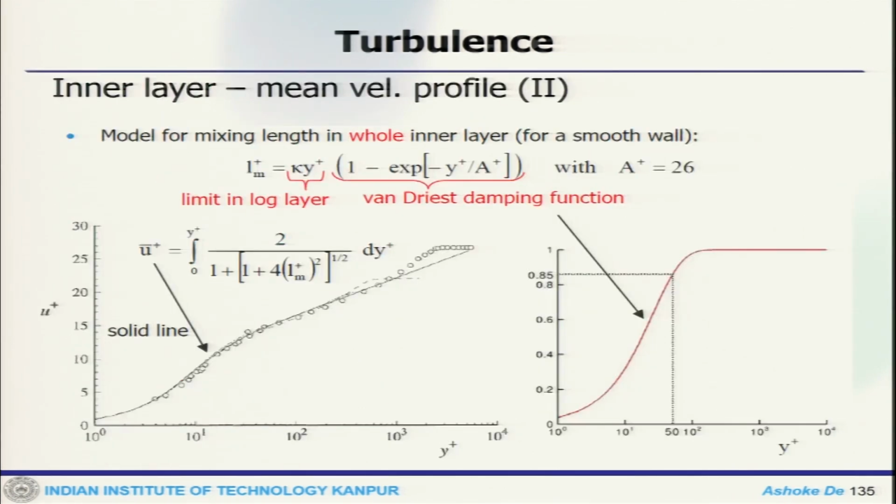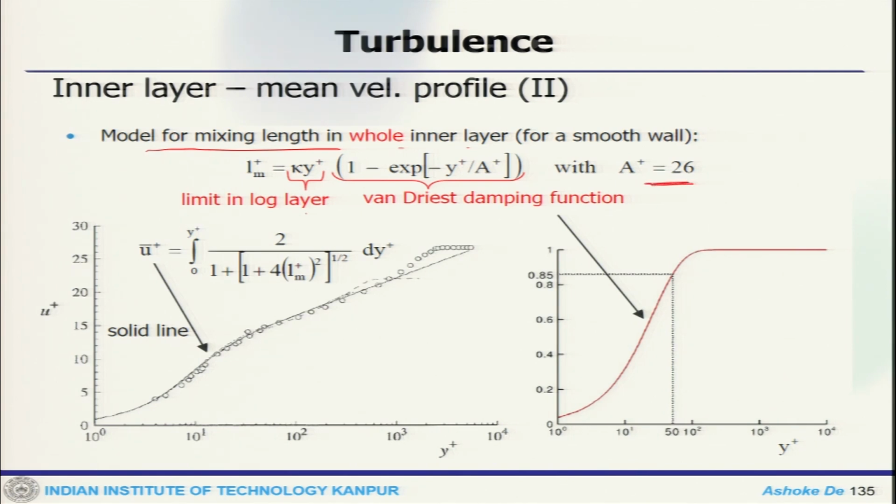So, if we look at the inner layer mean velocity profile, the model for mixing length in the whole inner layer for a smooth wall is Lm plus, which is k y plus in the log layer limit, times 1 minus exponential of minus y plus by A plus. So, this is the Van Driest damping function, and that follows like this, which varies with y plus, and u plus by y plus follows this line, where A plus turns out to be 26.